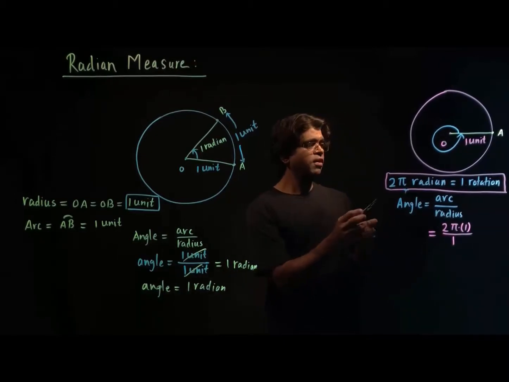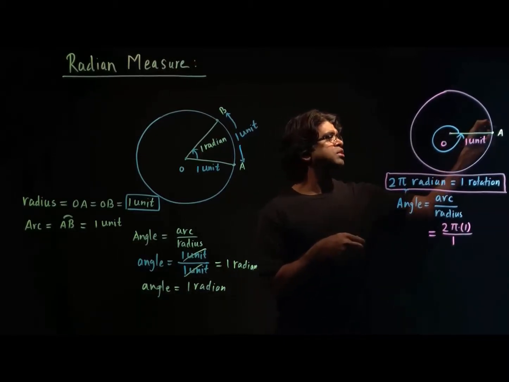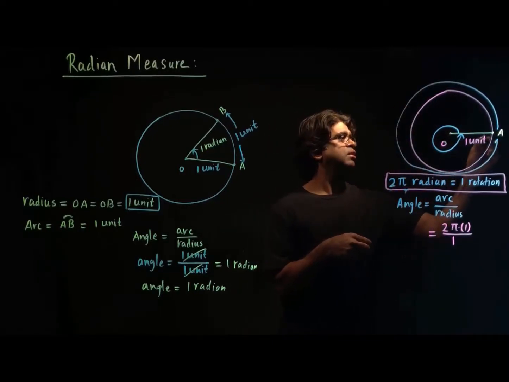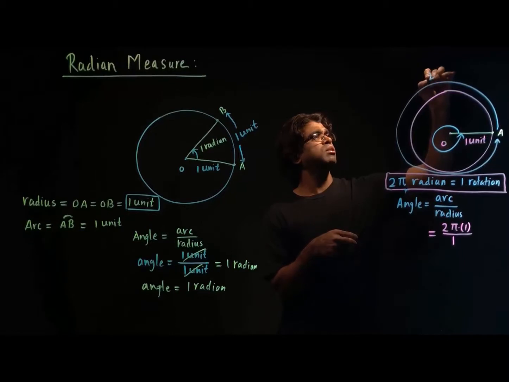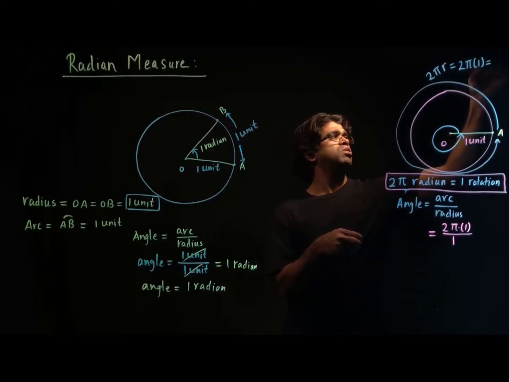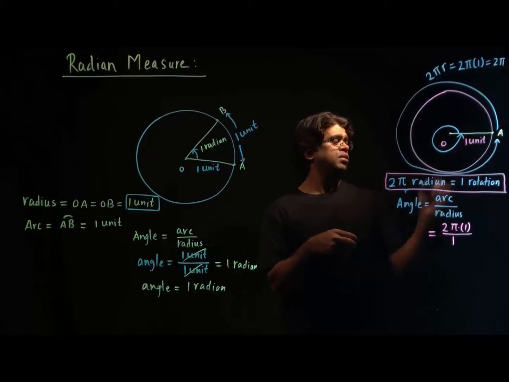Because if you go around the circle like this, the circumference is 2 pi times radius, and in this case I have 2 pi times 1 unit, which is 2 pi.